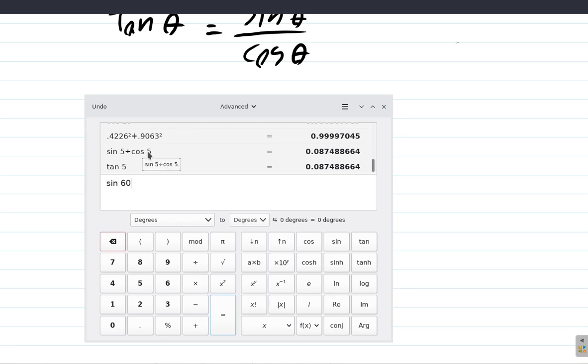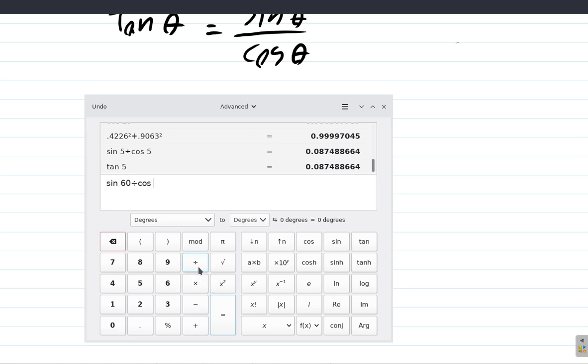Even though, remember, the sine of 50 is not 10 times the sine of 5. But I don't want it to be too obvious that I'm trying to use certain types of numbers, a multiple of another number. But anyway, sine 60 over cos 60.